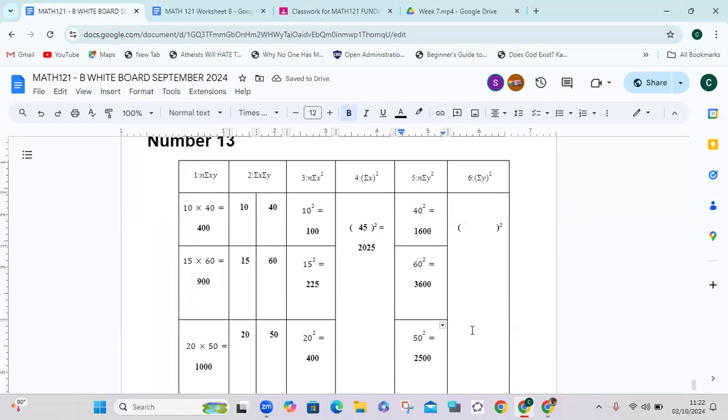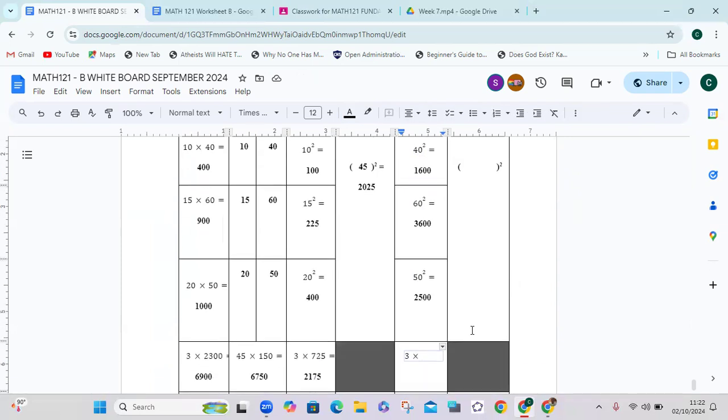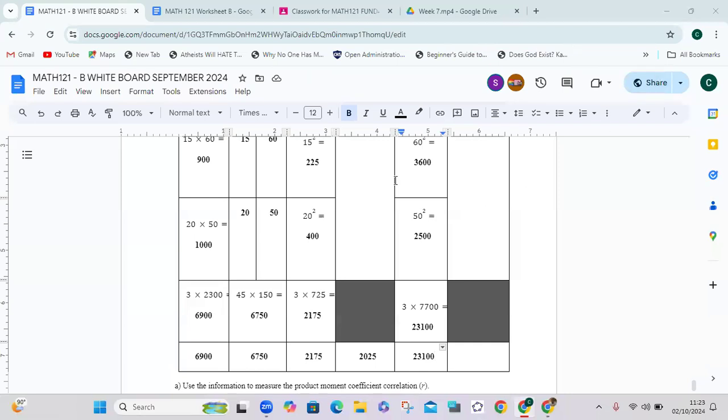And then we've got to find the total of these 3 squared values and then multiply by 3. So the total of these 3 squared values is 7,700, which was multiplied by 3 to give us 23,100.